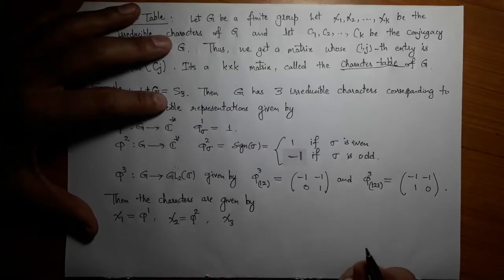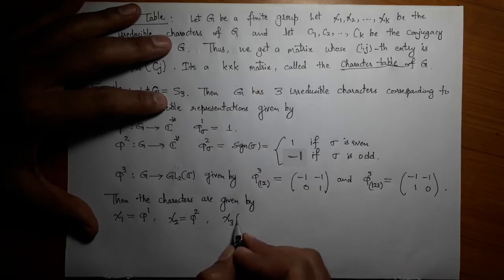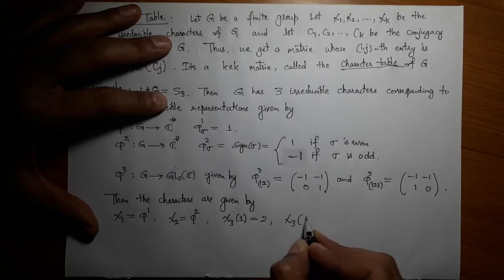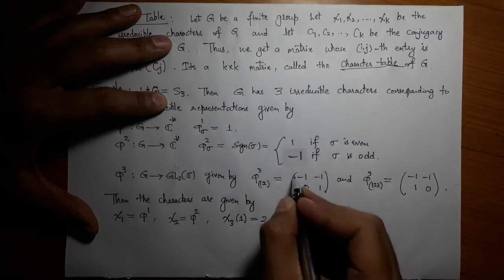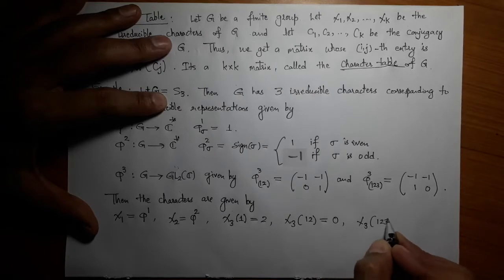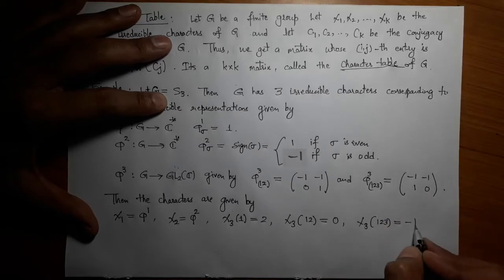It is enough to just give the value on the conjugacy classes. There are 3 conjugacy classes in S3. So on the conjugacy class of the identity permutation, it is just the degree of the representation, which is 2, and chi3 acting on (1 2), the trace of this is 0, and chi3 acting on (1 2 3), here the trace is -1.